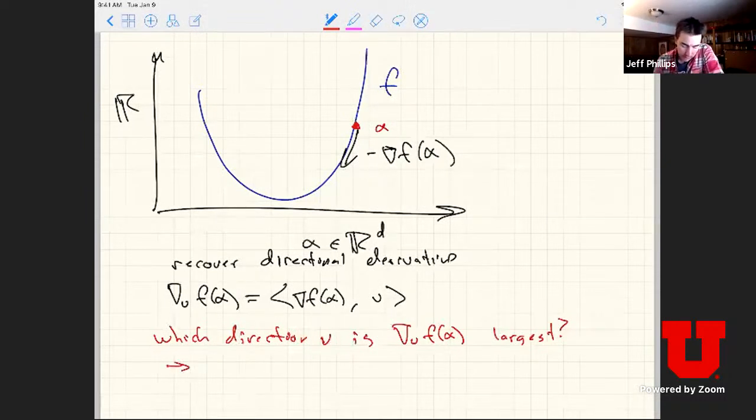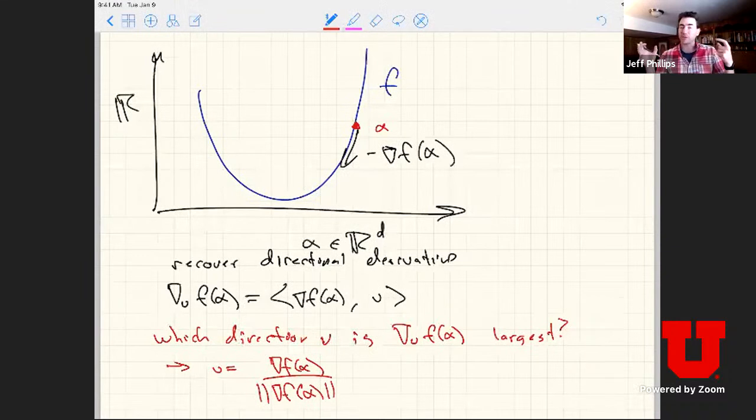The answer is when u is equal to the gradient divided by its norm, so it has to be normalized. Sorry, there shouldn't be a u in there. Okay, so when I take the gradient, which is a vector, and I normalize this vector, that's going to maximize this dot product. A dot product is maximized when I take the dot product with itself over all directions, right? So this maximizes the directional derivative. That means that's the steepest increase.